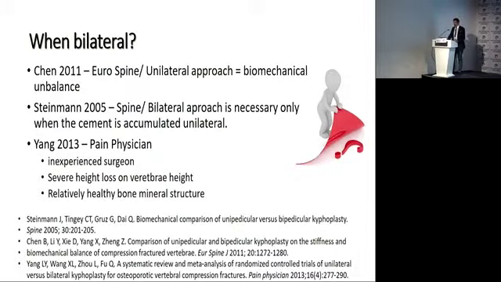So, when do we need to use the bilateral approach? Chen published a paper saying the unilateral approach has a biomechanical imbalance risk, and Steinmann claimed that the bilateral approach is necessary only when the cement is accumulated unilaterally. And Yang published criteria about this.